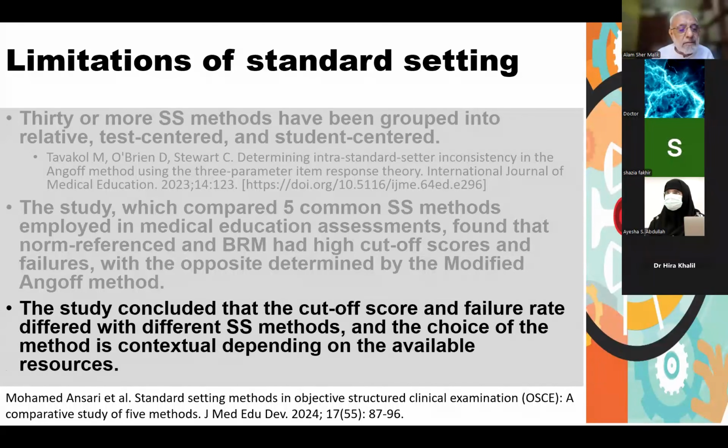The other methods were not really very encouraging. The study concluded that cutoff score and failure rate differed with different standard setting methods, and the choice of method is contextual, depending upon the availability of resources. So if we limit ourselves to these 3 or 4 standard methods and just use them continuously, that would probably be more important for having consistent results in our assessments.